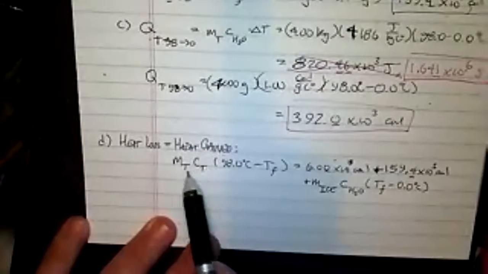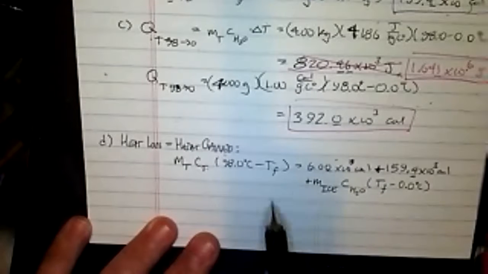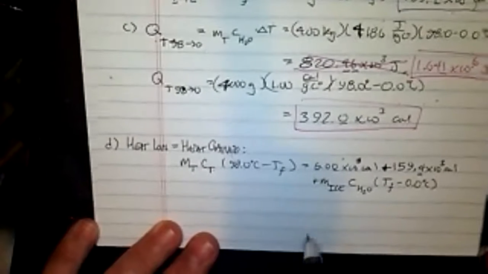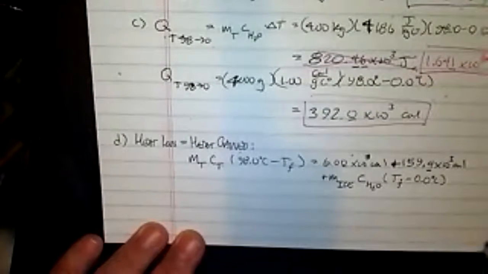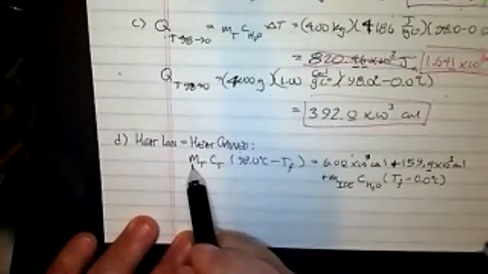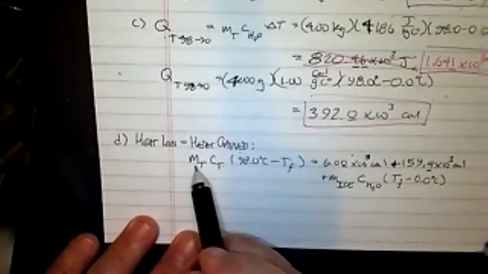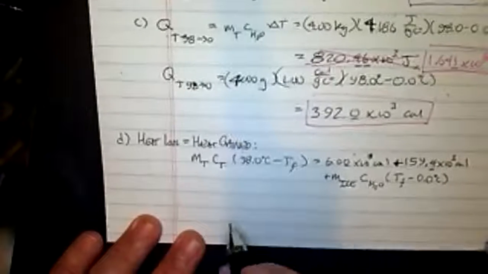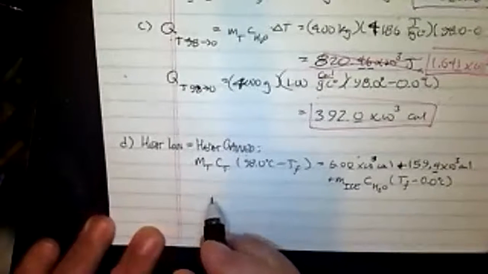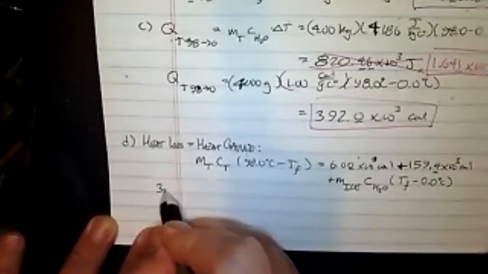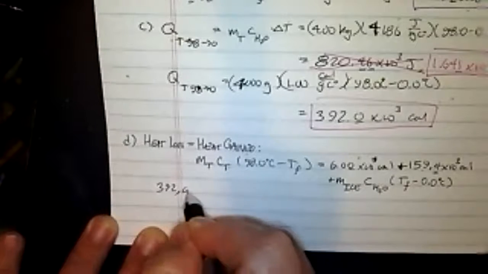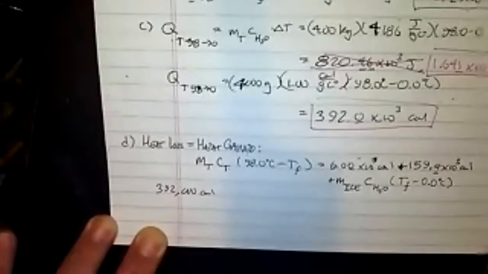So all I have to do is basically figure out what this quantity is, and then get the T finals on one side and the other stuff on the other side, and that'll ultimately get it for me. So when I multiply the 4,000 times 1 gram times 98, I end up getting 392,000 calories.